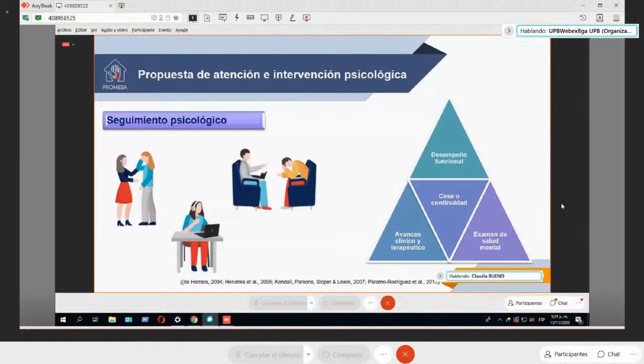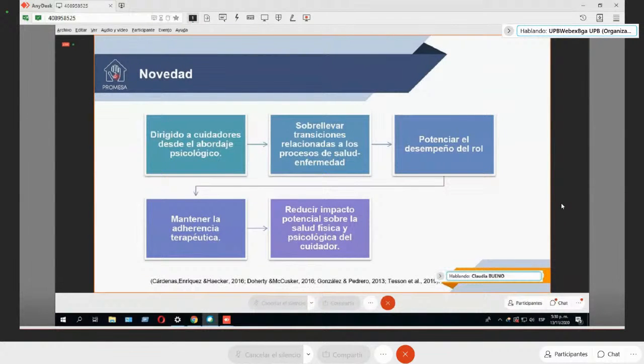So the follow-up phase is very important in all aspects, not only from the psychological standpoint but from the social standpoint, because it sheds light on how the carer is developing in his new role and the approach to the disease.